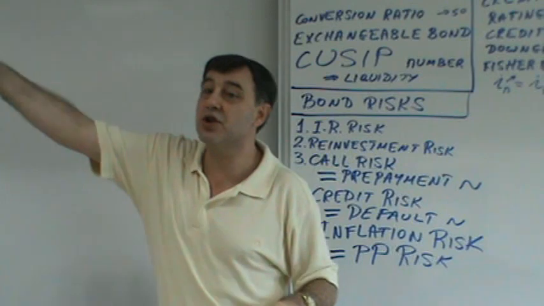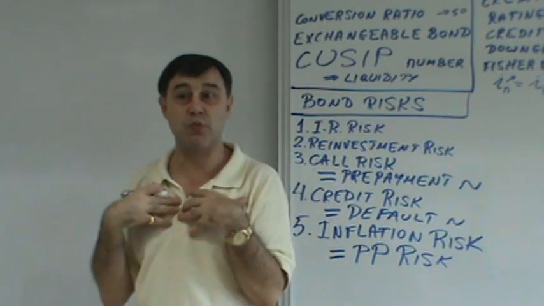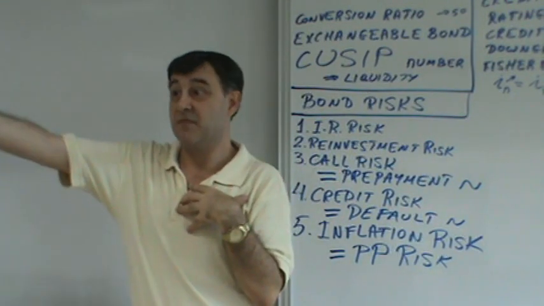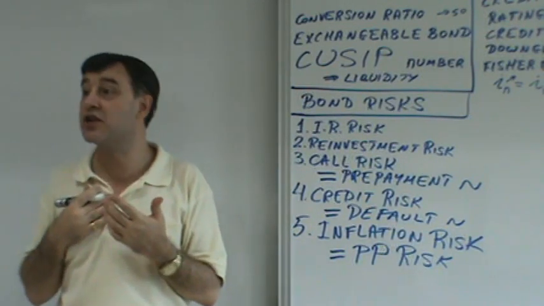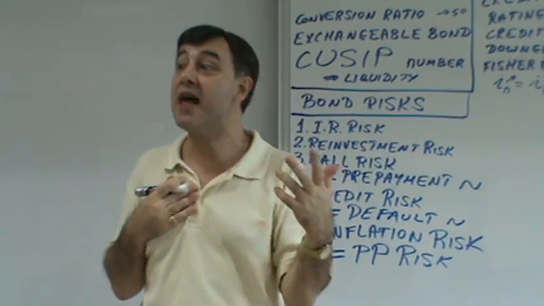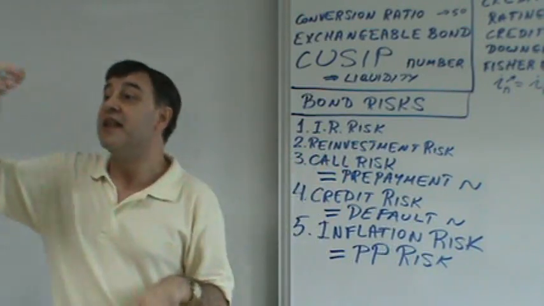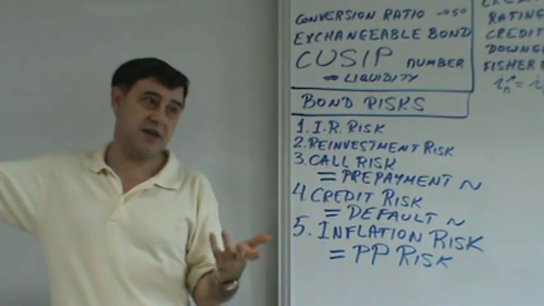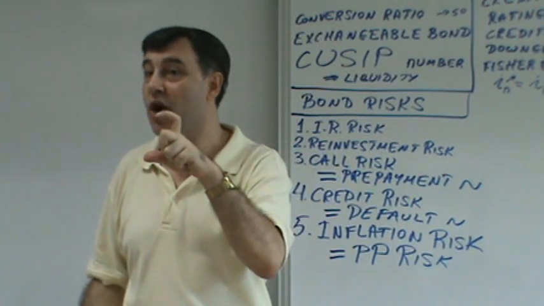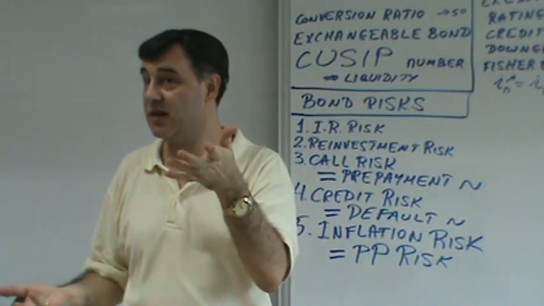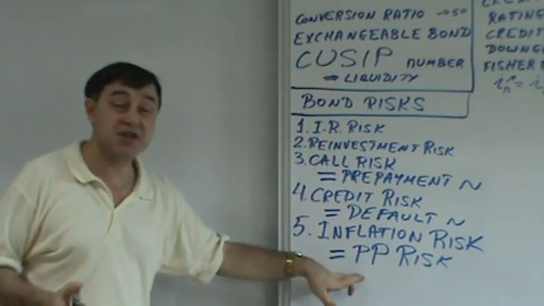So when you eventually get your money back, $1,000 10 years later, now your $1,000 will buy you 8 barrels of oil, when before it bought you 11. So you have a loss of 3 barrels of oil in purchasing power. Okay? That's simple. So, purchasing power risk.